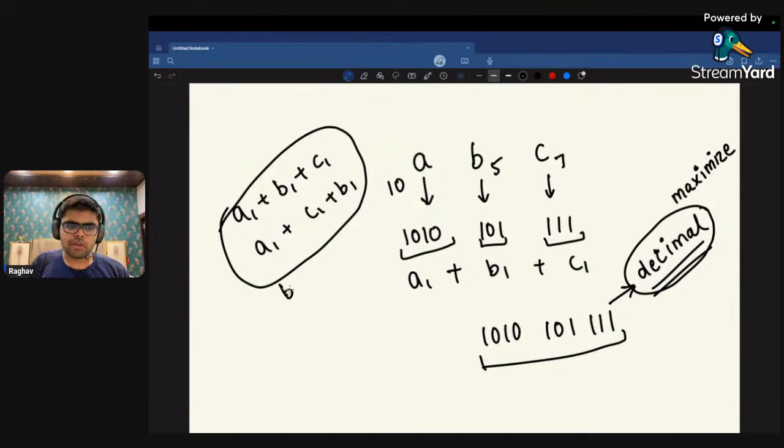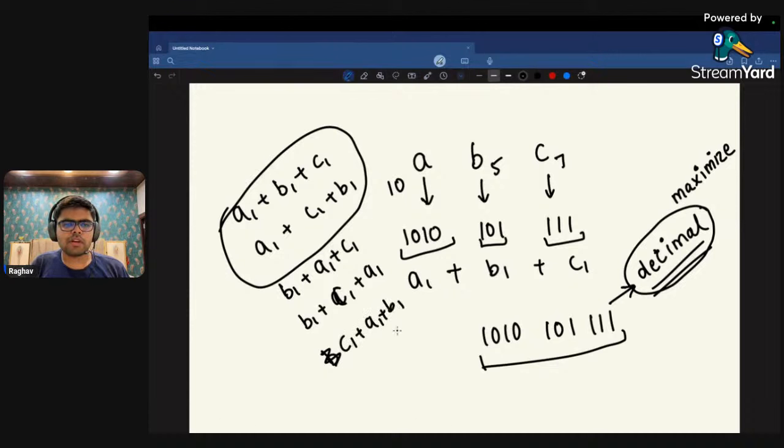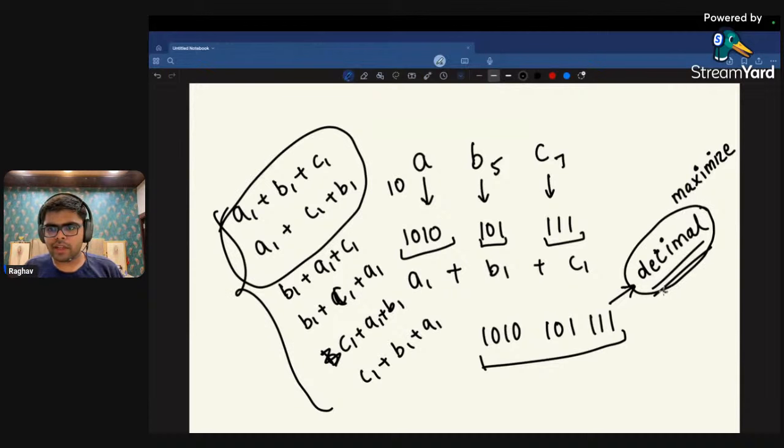Then the third one will be b1 plus a1 plus c1, b1 plus c1 plus a1, c1 plus a1 plus b1, and c1 plus b1 plus a1. These are the six possible combinations. Out of them, whichever decimal value we are getting as the maximum, we have to return that.